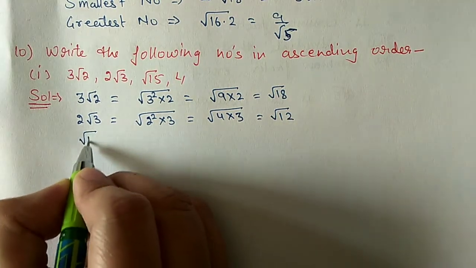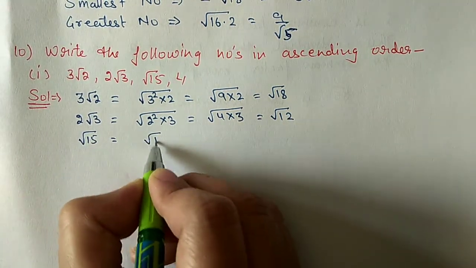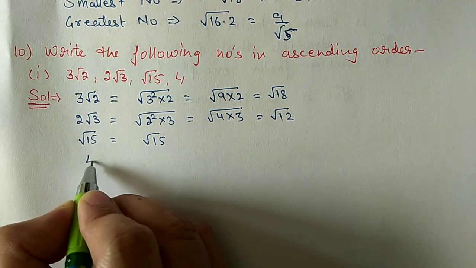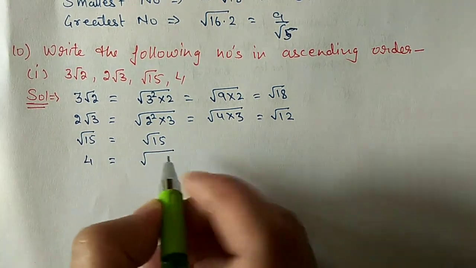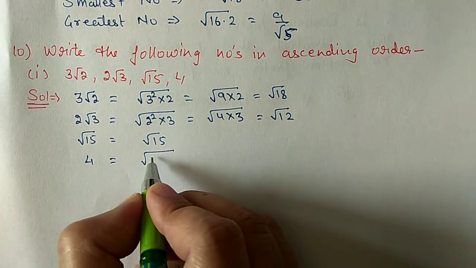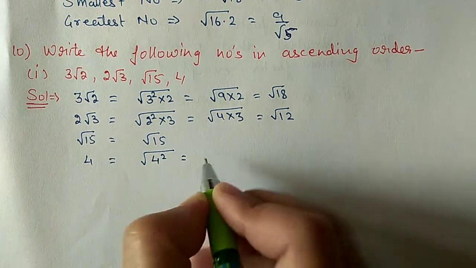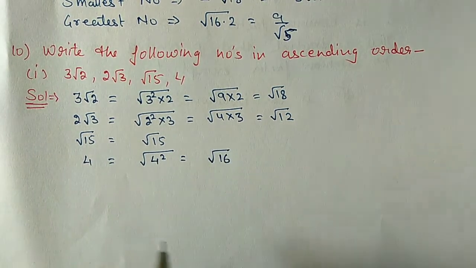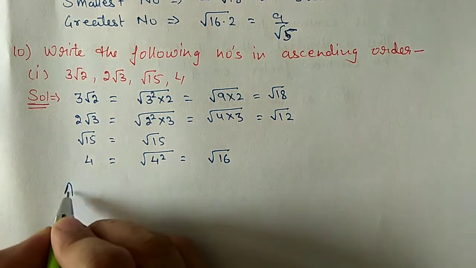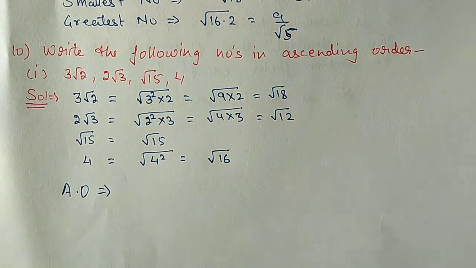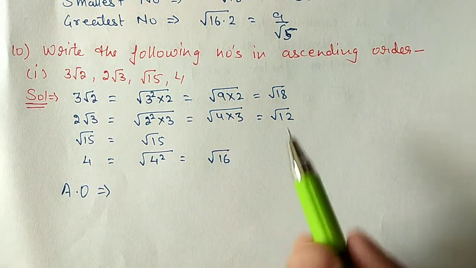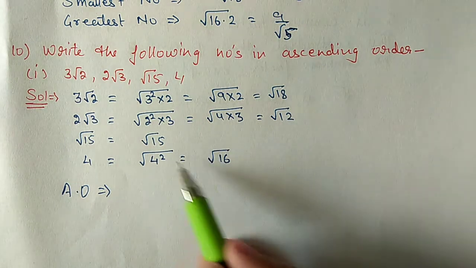The third number is already given in the same format, root 15, and the fourth number we have is 4, which we will change into the root form. Inside the root, it will become 4 square, which is equal to root of 16. Now we have to arrange in ascending order, means from small to big. All numbers are now inside the root.